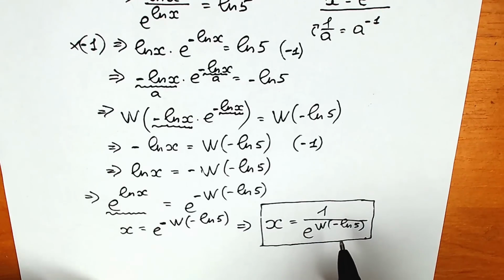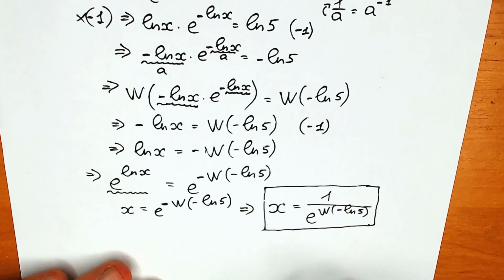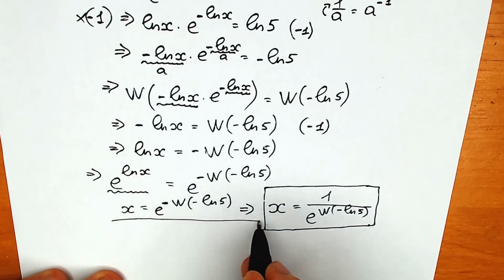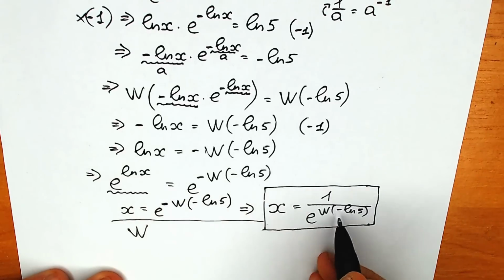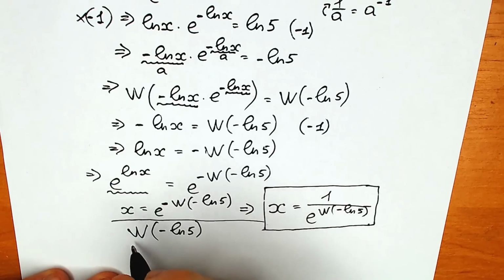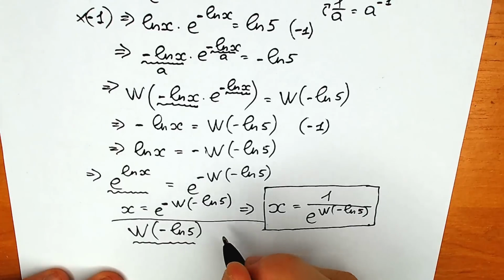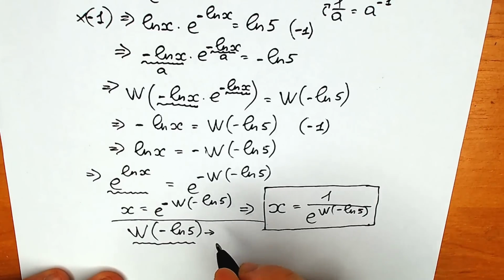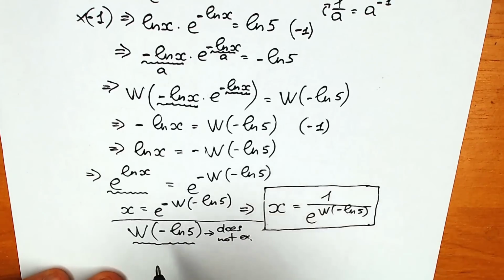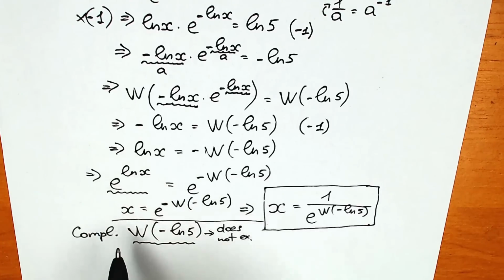When I plug in this Lambert W function of minus natural log 5 into my scientific calculator real quick, I found that this expression does not exist. It means that this is a complex value.